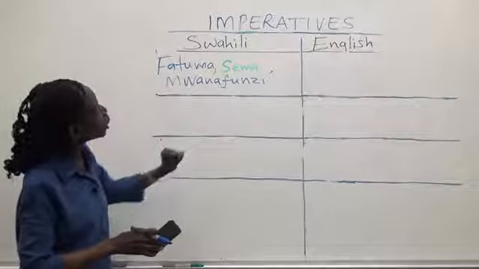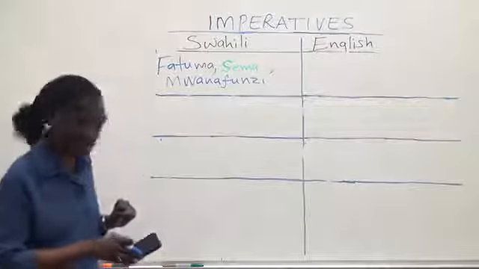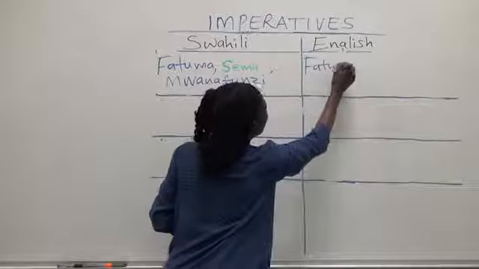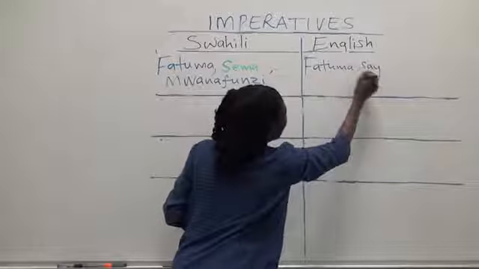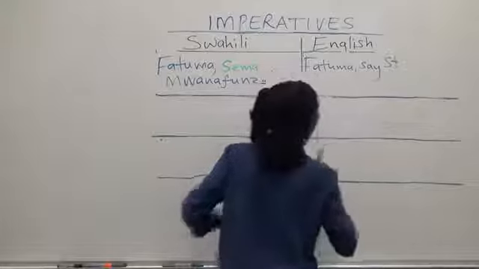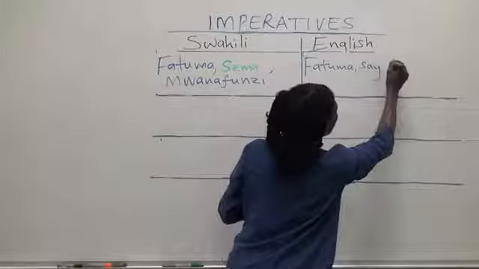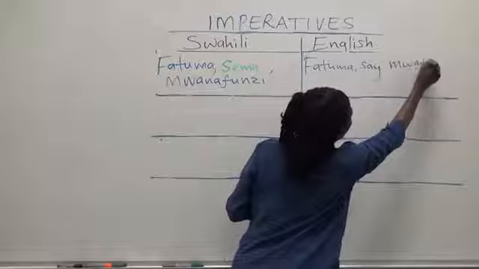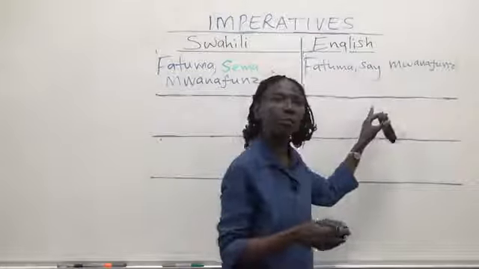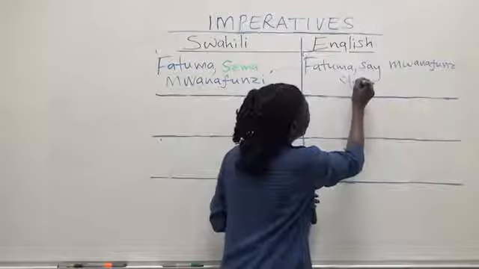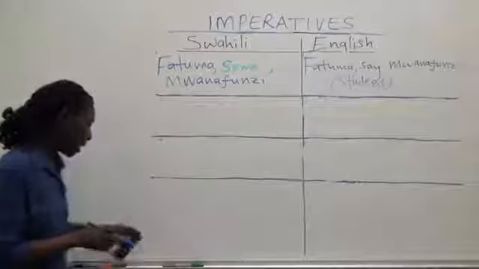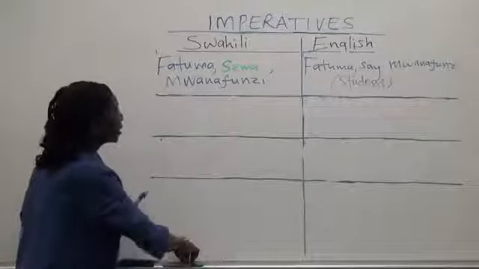So the translation of this sentence in English would be: Fatuma, say, mwanafunzi. And the translation of mwanafunzi in English is student, okay?